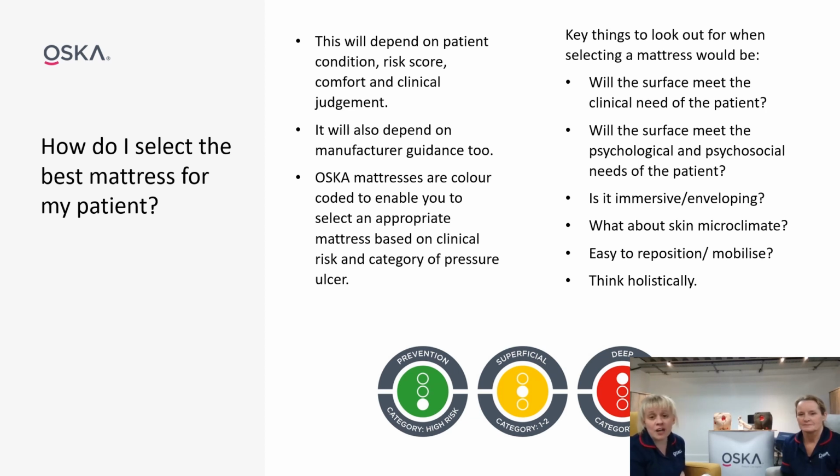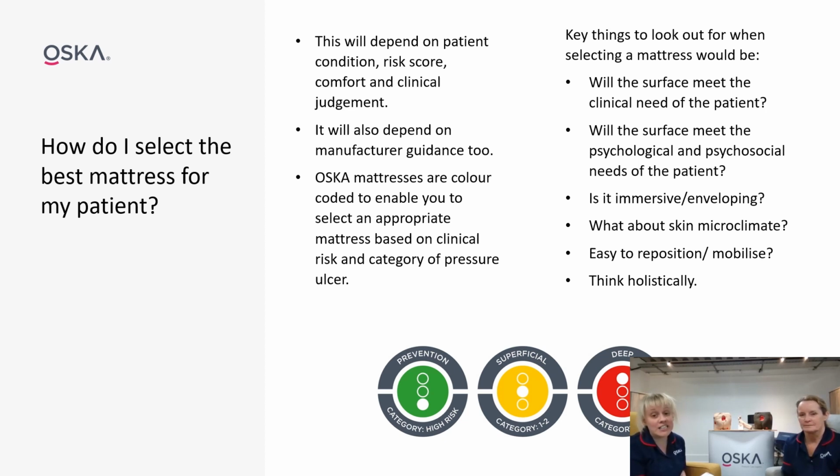So at Oscar, we use a colour coding system to enable our customers to select the most appropriate mattress. And you can see those colour codes there on the screen. So we have a simple colour coding of green, amber and red. Green is prevention, so we're looking at up to high risk prevention with any of our mattresses that has a green stamp on it.